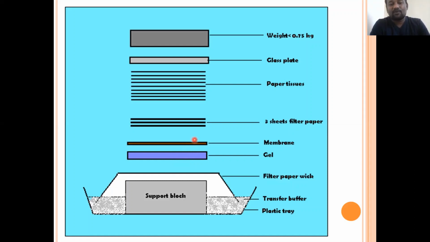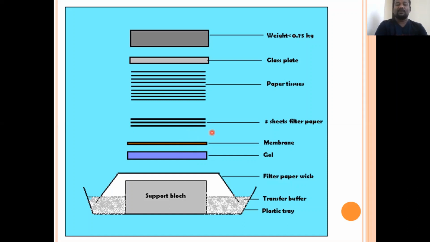But in the case of protein transfer, we may use electric transfer also. We may use the electric current for movement of protein from the negatively charged to the positively charged electrode. This transfer may take place much faster when compared to the capillary transfer.